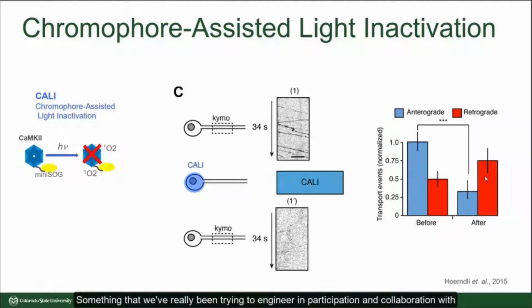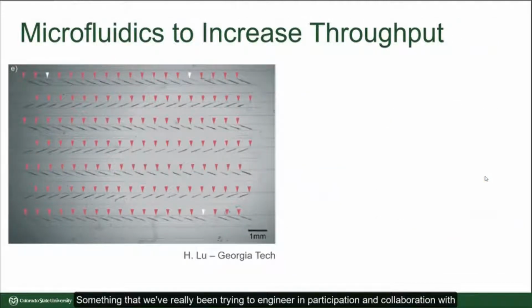So something that we've really been trying to engineer, in collaboration with Chuck Henry of the chemistry department, is developing microfluidic devices to increase our throughput here. Hung Lu out of Georgia Tech is really the person that has pioneered and engineered just incredible devices that we are trying to utilize, but also adapt to our own needs.